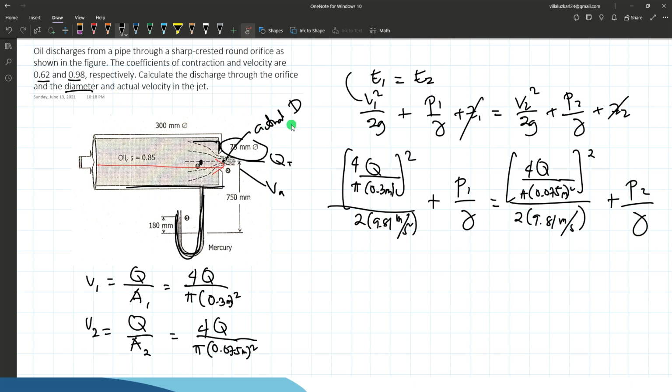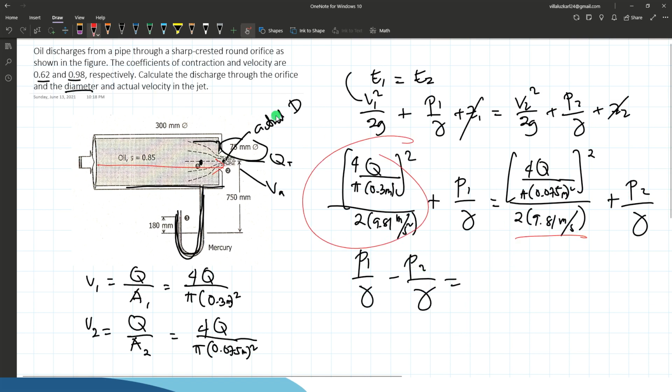There's no given head loss here, so this equation is enough. Again, P1 over gamma minus P2 over gamma equals this term subtracted by this term.